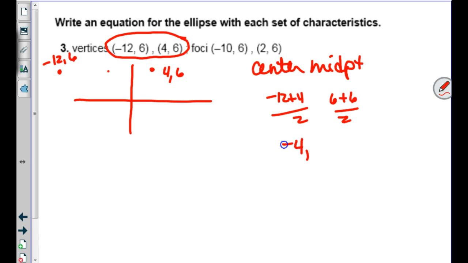How about -4, 6? This is -8 divided by 2 is -4. This is 12 divided by 2. Are we good? So right here in the center is -4, 6. Those are the vertices, and that's the center. Are we ready to start writing an equation already?